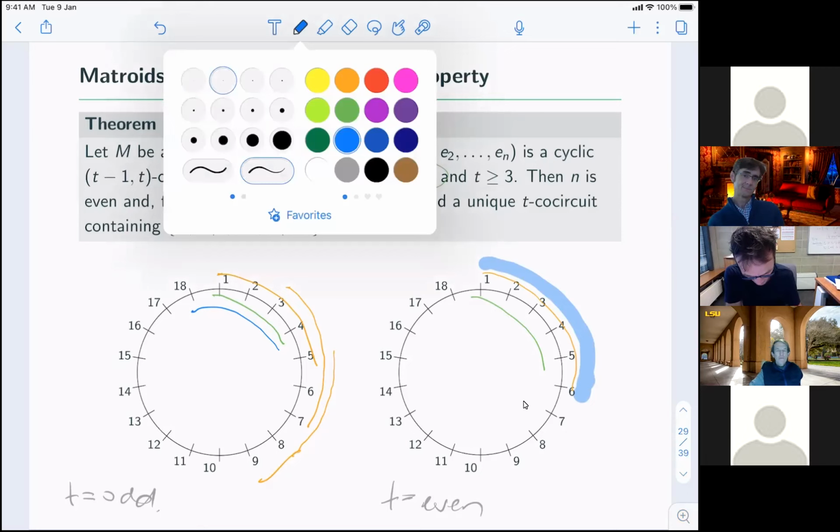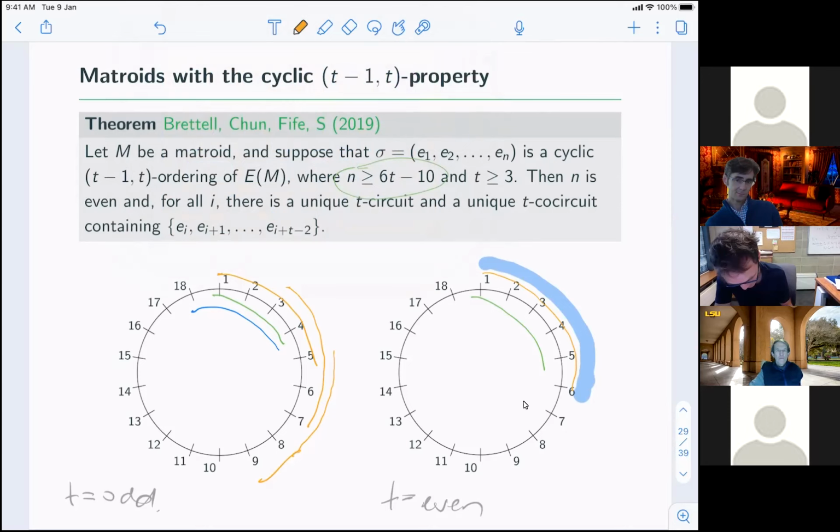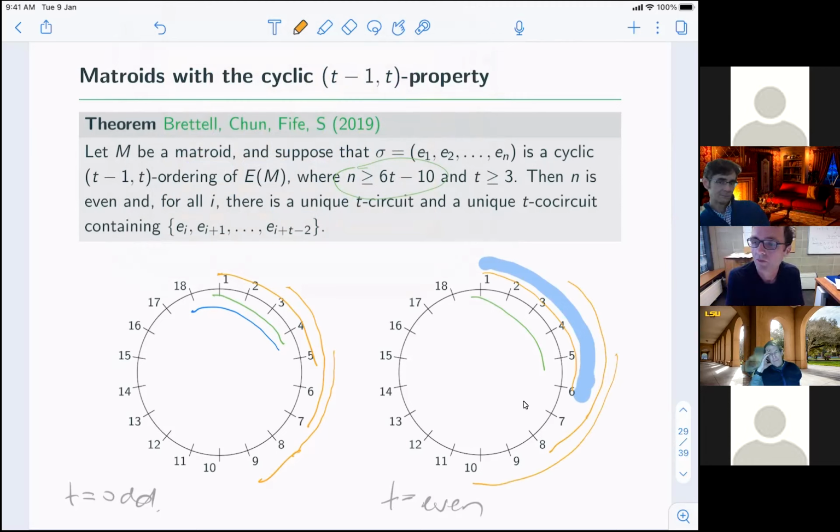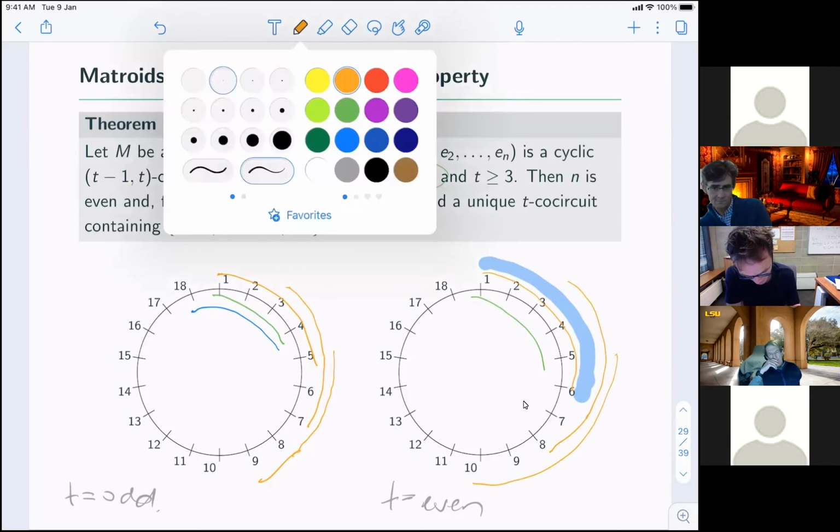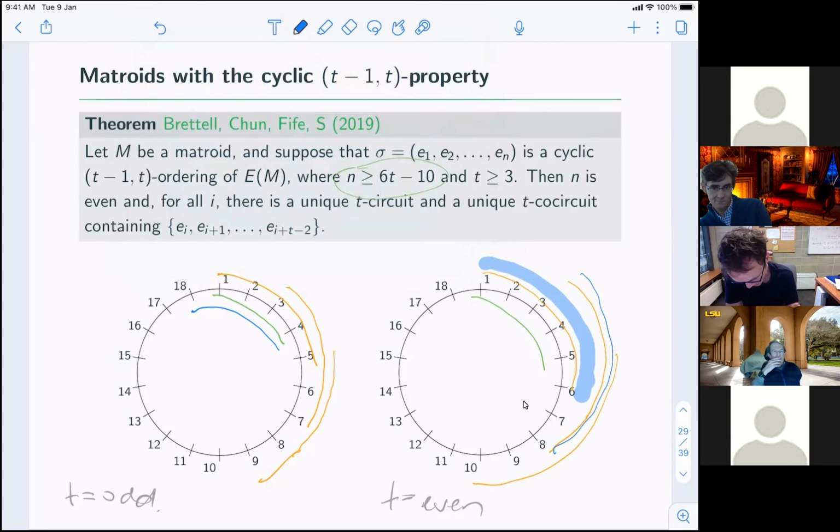So the next circuit jumps 2, and the next circuit after that jumps 2 more. All right, so there's a parity condition on that. And similarly for the co-circuit, so that'll be a co-circuit, and that'll be a co-circuit. And that'll be all the circuits and the co-circuits.